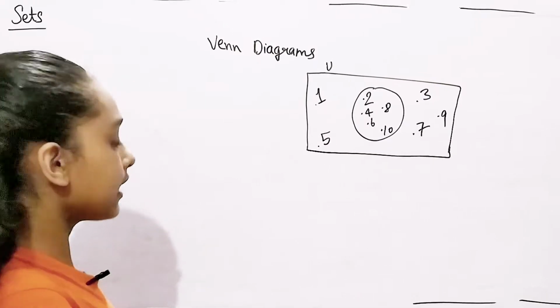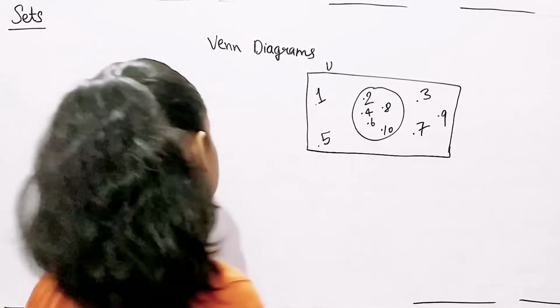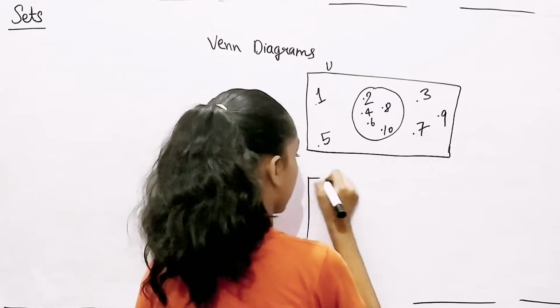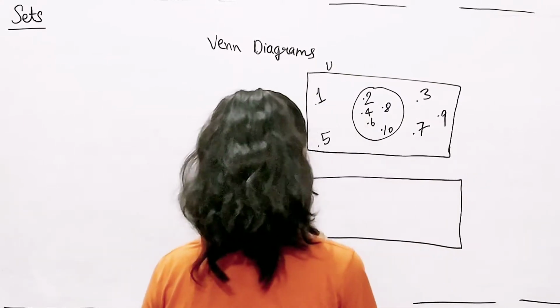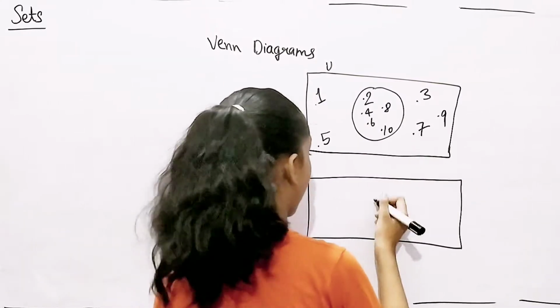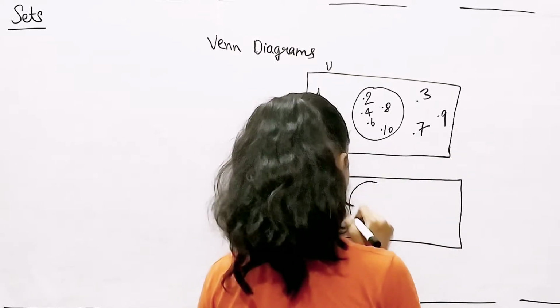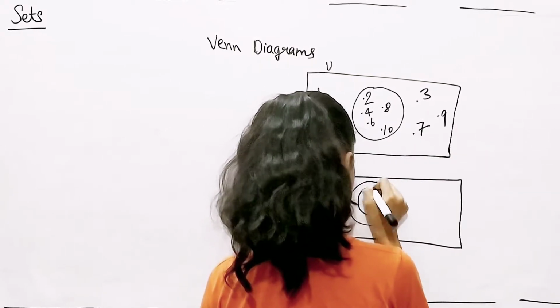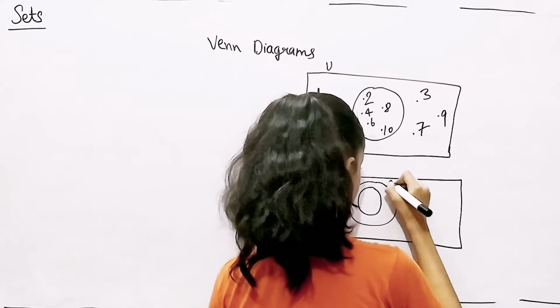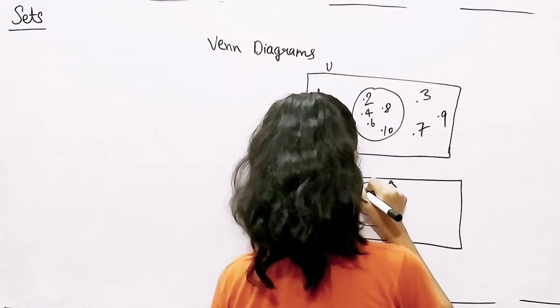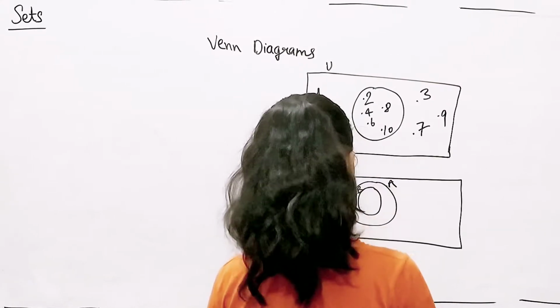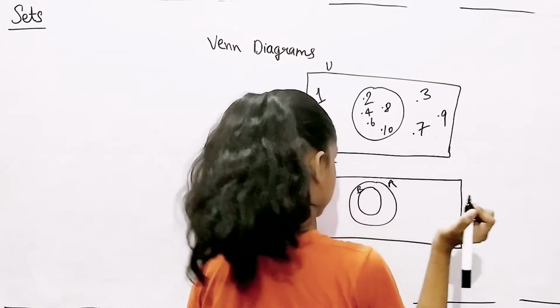So we have the universal set. Let's draw one more diagram right here: a rectangle in which we have two circles. The first one is A, the second one is B, and the rectangle is the universal set.